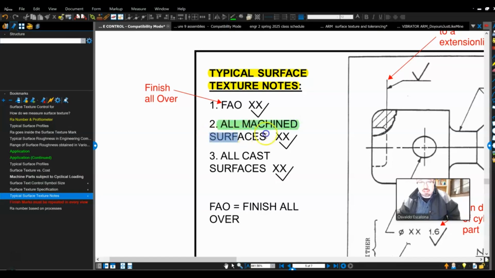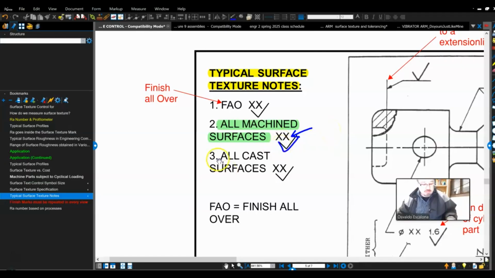All machined surfaces are to be a number and your check mark. It's telling you every time you put it on a machine and start doing machining operations on it, the surface that is going to be there is going to be based on this average number. The surface, as I put it on the profilometer, should be in micro inches or micrometers.